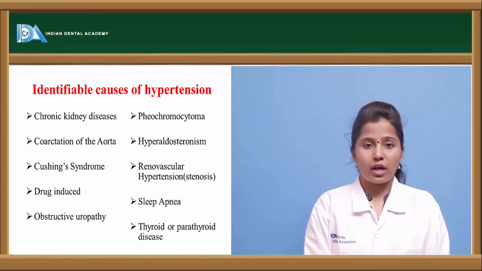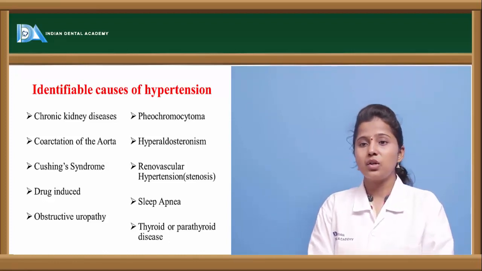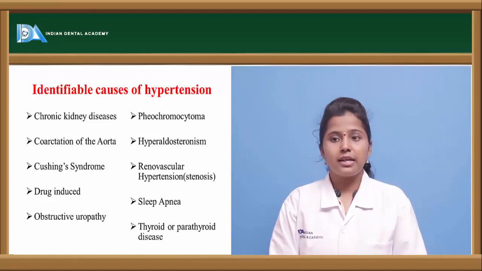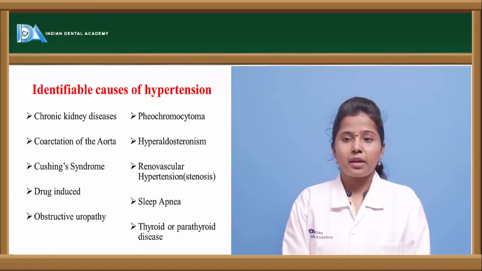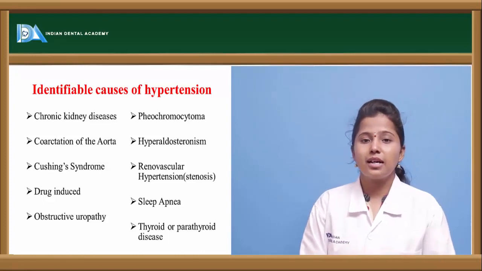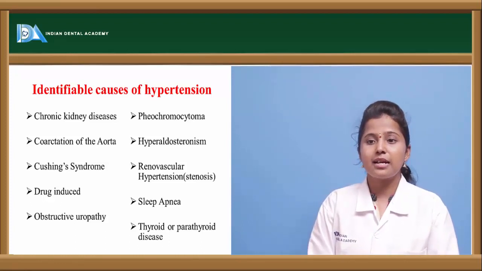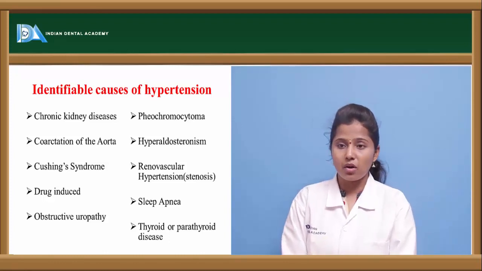Coarctation of aorta, that is, if the aorta, the artery which supplies blood to the heart, gets contracted or obstructed, then definitely hypertension occurs. And Cushing's syndrome, the case in which the hormones are increased. When the hormonal levels are increased, Cushing's syndrome will occur. Because of Cushing's syndrome also hypertension can be caused.